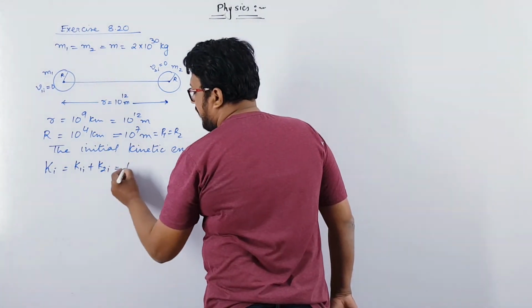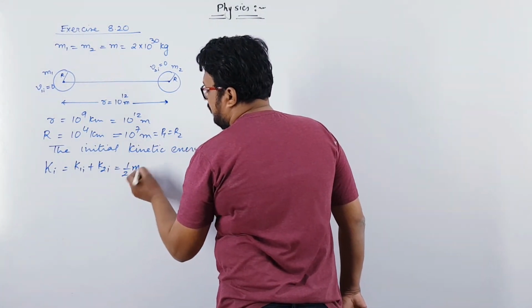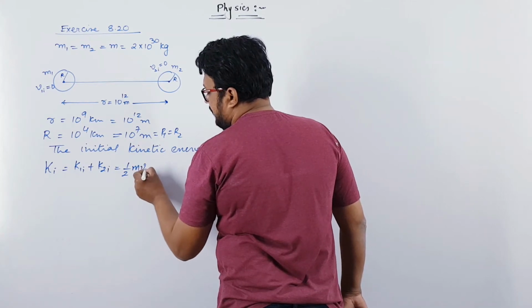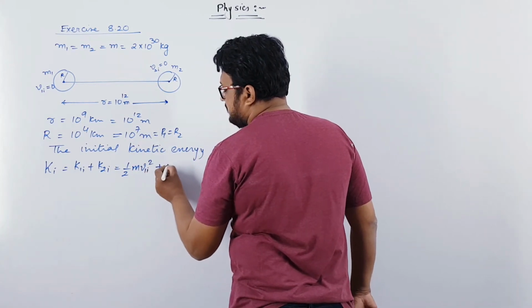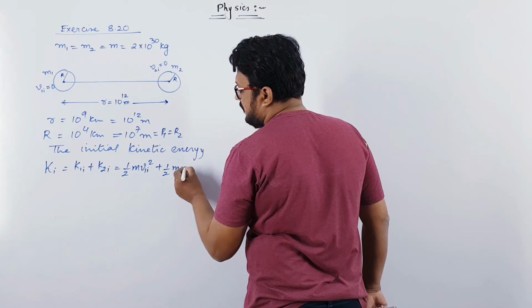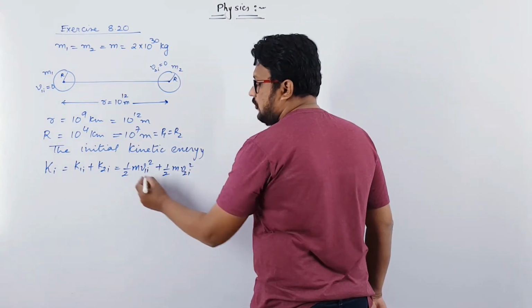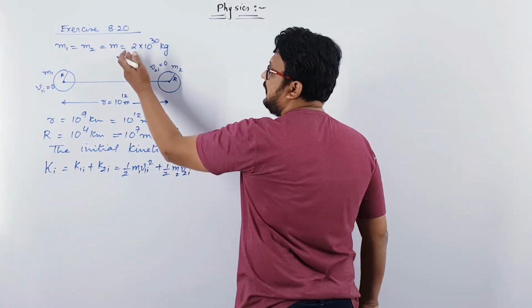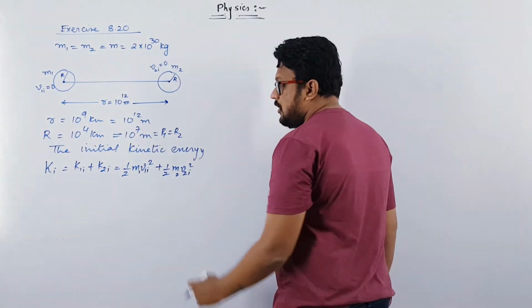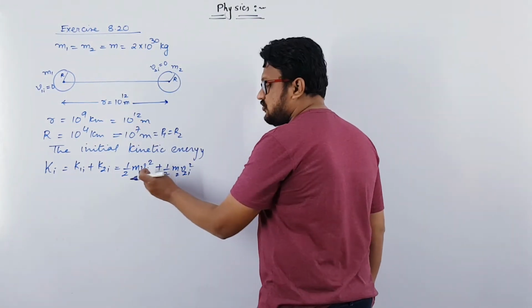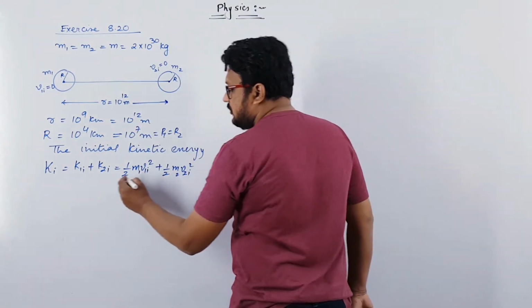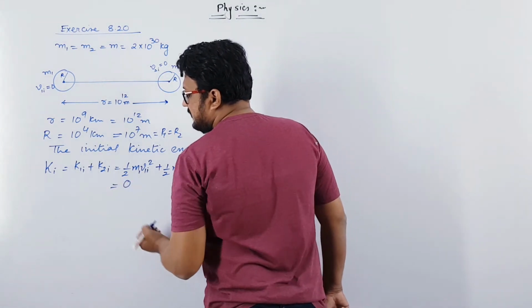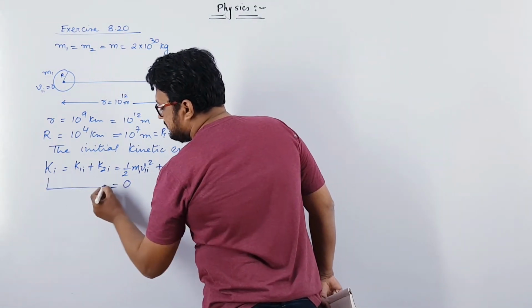So that is equal to half m v1i square plus half m v2i square. You can write m1 and m2, but we have written m1 is equal to m2 is equal to m. Now initial velocity can be neglected, so we are considering this as 0 only. So you can say that the initial kinetic energy is 0.